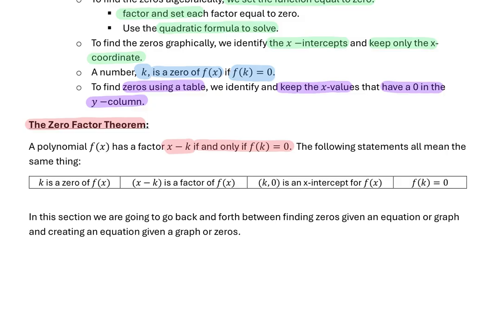So this is what we're going to play around with. We have four statements, and again, they all mean the same thing. The first one: k is a zero of f of x. The second statement: x minus k is a factor of f of x.